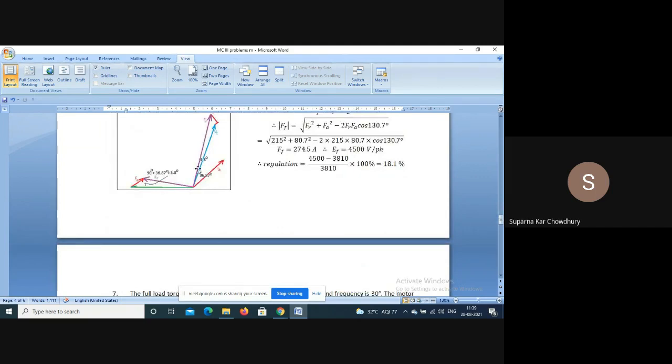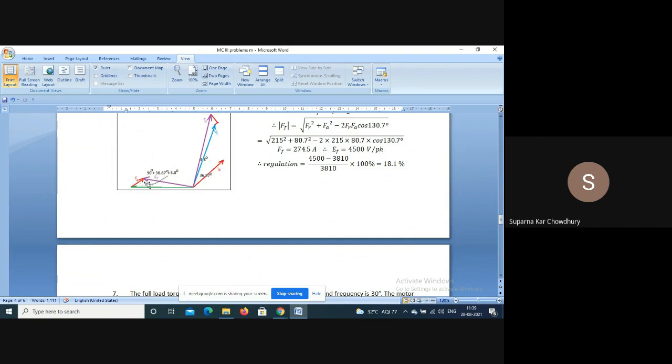Now for the MMF diagram, FR is leading ER by 90 degrees, and this FR magnitude is known. The FA magnitude we have also determined, and the angle will be 90 plus 3.8 plus 36.87.